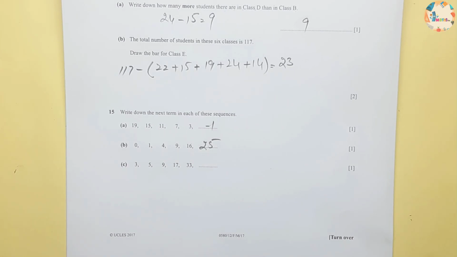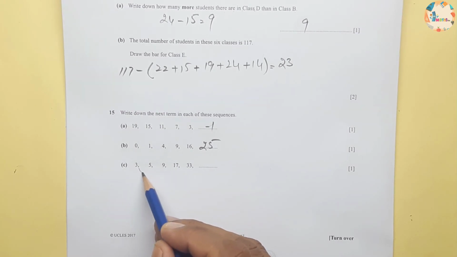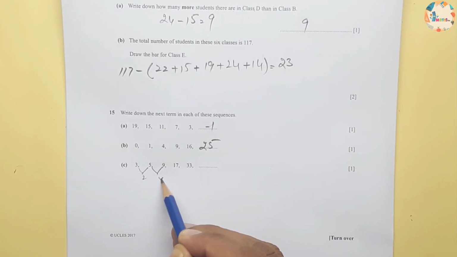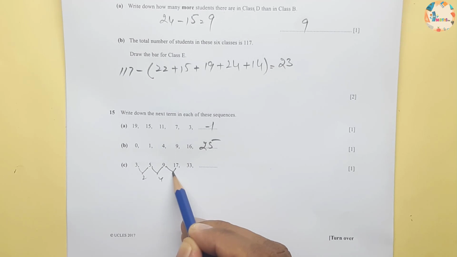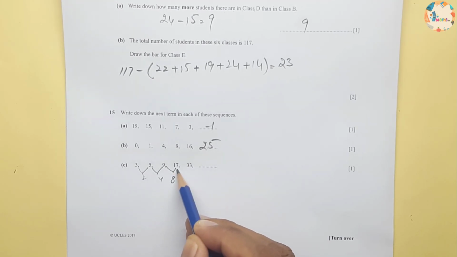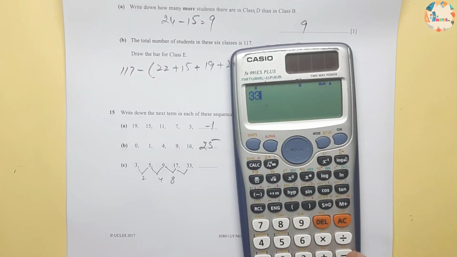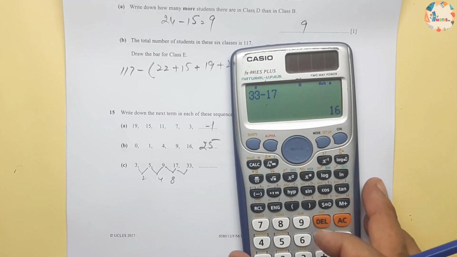We'll have to check the rule, how much is the difference. The difference is 2, then 4, then this difference will be 8, and this difference will be 33 minus 17. 33 minus 17 is equal to 16.